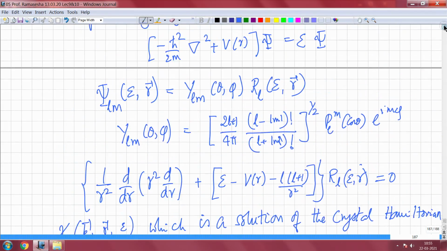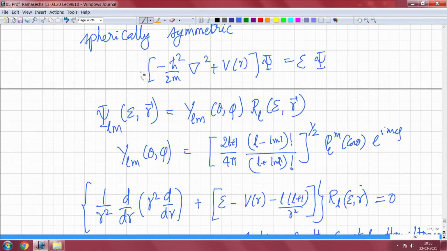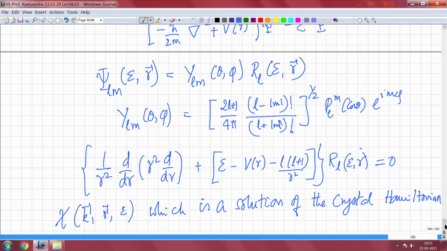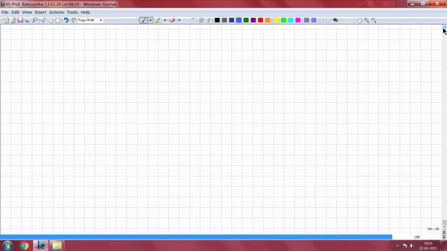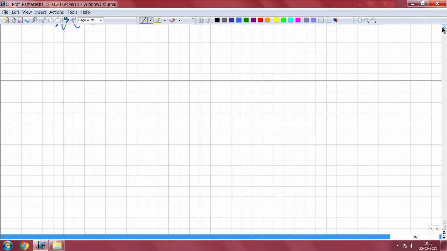It is exactly the same, no difference, okay, because V of r is the spherical potential that you have assumed, and I will tell you how the fact that it is a crystal comes about.